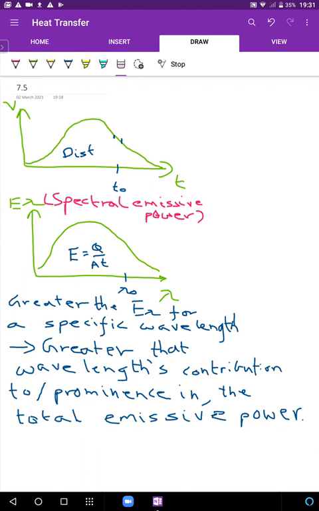Just reading the chat again. Bandwidth, you don't need to know it right now, but bandwidth means the width of the band, literally. It's a range of frequencies or a range of wavelengths. You can describe bandwidth in a frequency range or in a wavelength range.